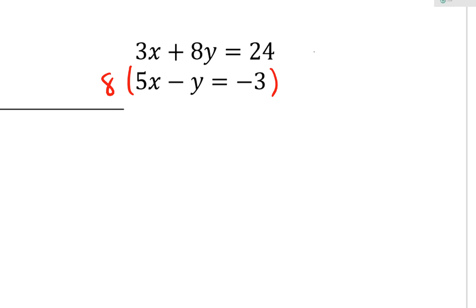When I do that, just for convenience, I'll go ahead and rewrite the first equation. It's 3x plus 8y equals 24. And now that I think about it, I actually should be multiplying by a negative 8, so that my y terms will cancel out when I do the elimination process. So if I distribute this through, when I multiply by negative 8, I get negative 40 times x... I don't need a negative 8.